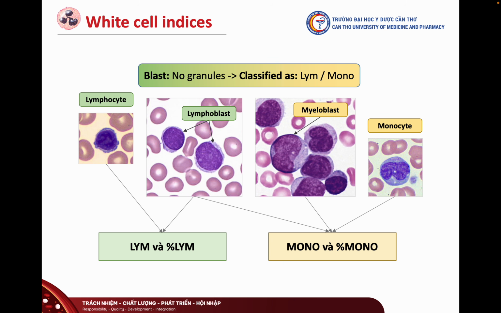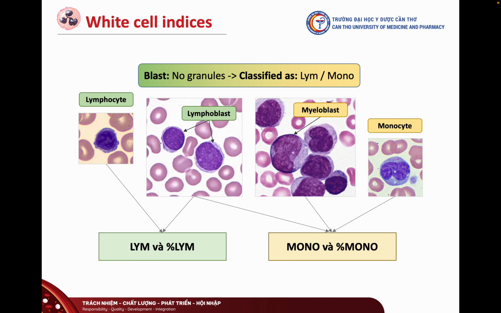Because of that, in automated hematology analyzers, the blasts often can't be classified as a distinct group. Instead, the machine may misclassify them, smaller blasts as lymphocytes and larger blasts as monocytes. That is why we sometimes see a false increase in the lymphocyte and monocyte count, when, in fact, the increase is due to circulating blasts.